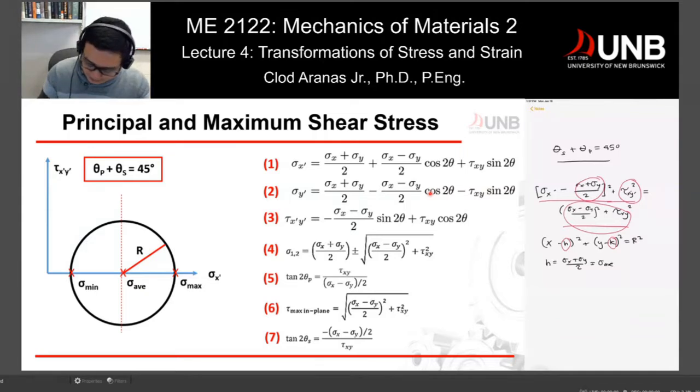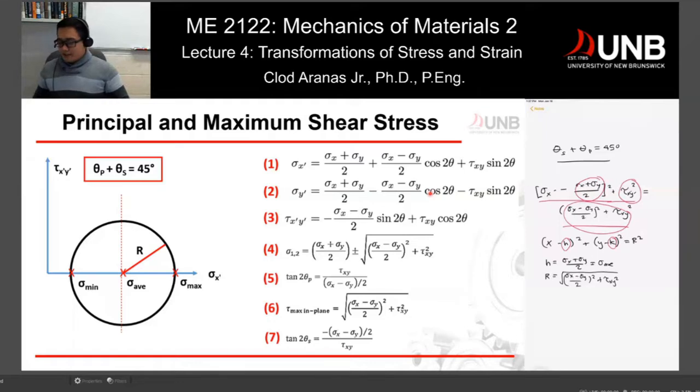Now we can also say that our r, which is the radius of our circle, is equivalent to the square root of sigma x minus sigma y over 2 squared plus tau xy squared.